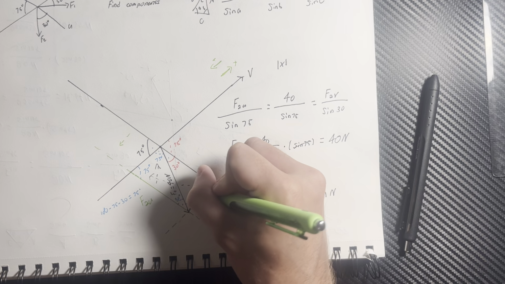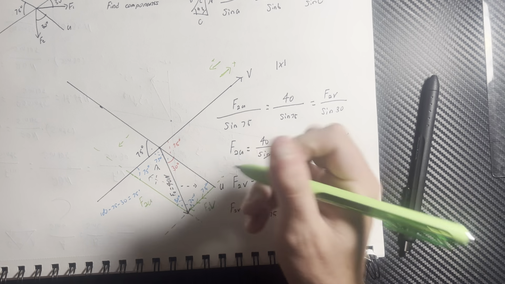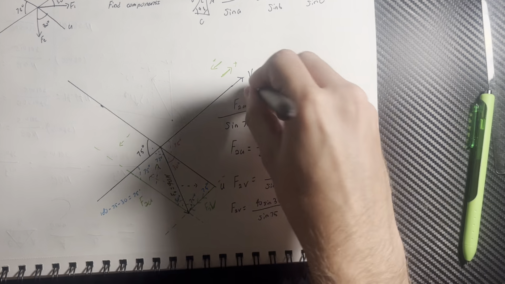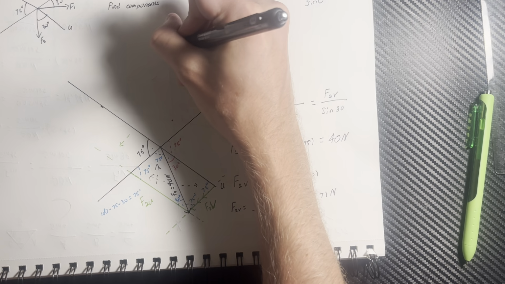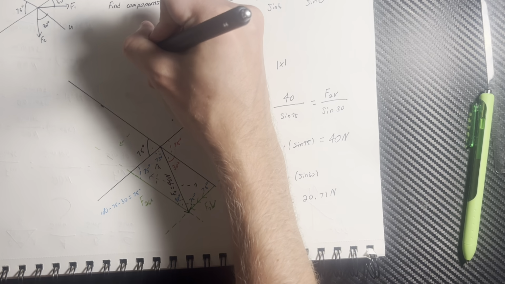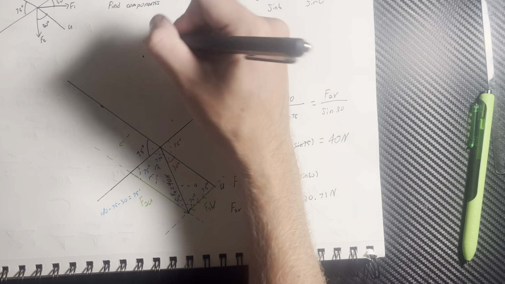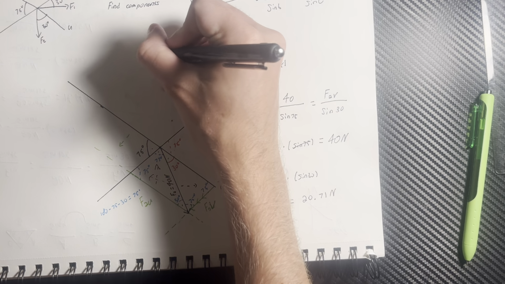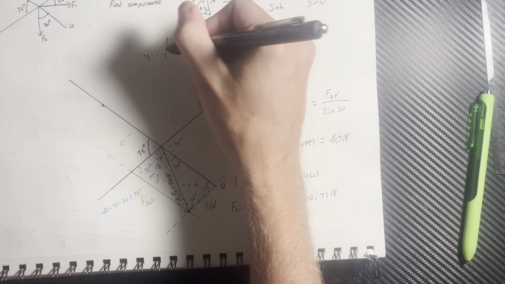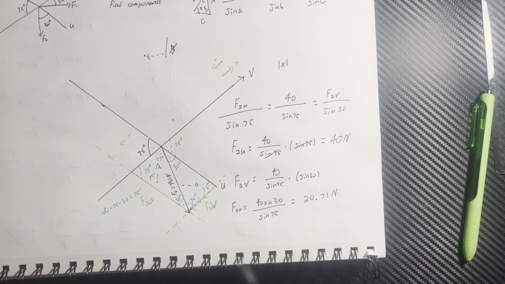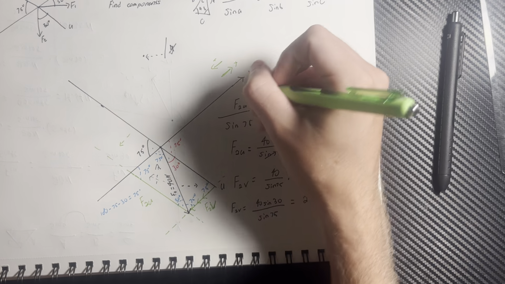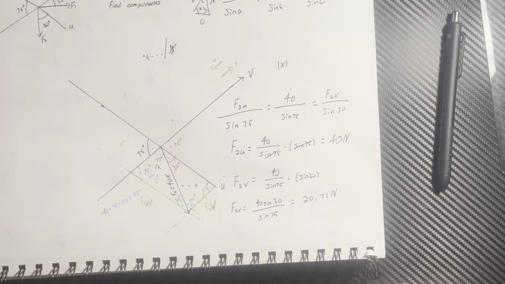This component is going to the left because in order to reach this position, if we imagine this as the y-axis and we imagine that this is offset like a couple centimeters from the y-axis, in order to get to this point, we'd have to go in the negative direction, or in this case, I guess it'd be better if this was x. We'd have to go to the negative direction in order to reach that point. So that means that this position here, F2V, is going in the negative v direction.